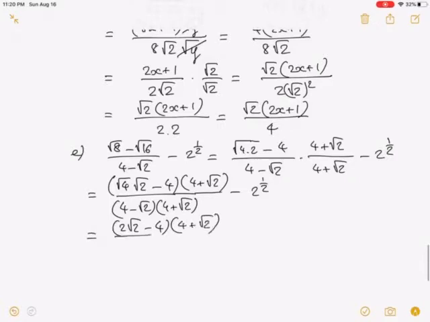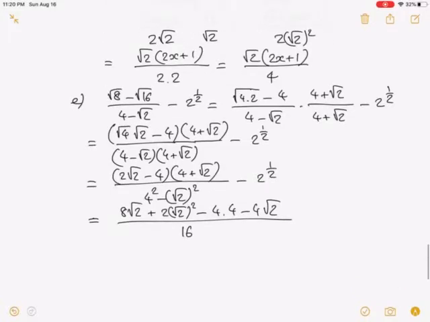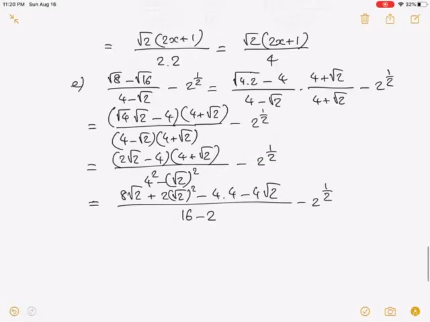So this is 2 square root of 2 minus 4, 4 plus square root of 2 divided by 4 squared minus square root of 2 squared. So this is 8 square root of 2 plus 2 square root of 2 squared minus 4 times 4 minus 4 square root of 2 over 16 minus 2.